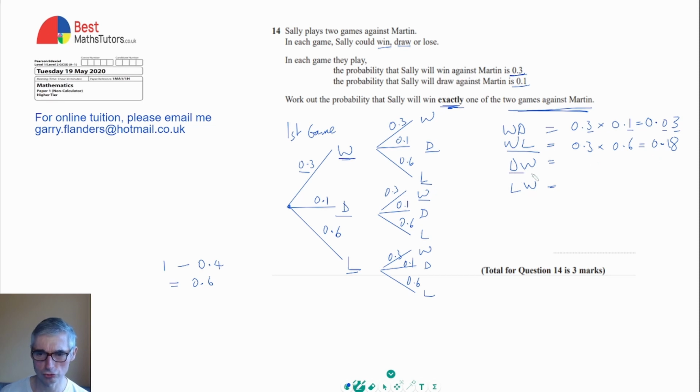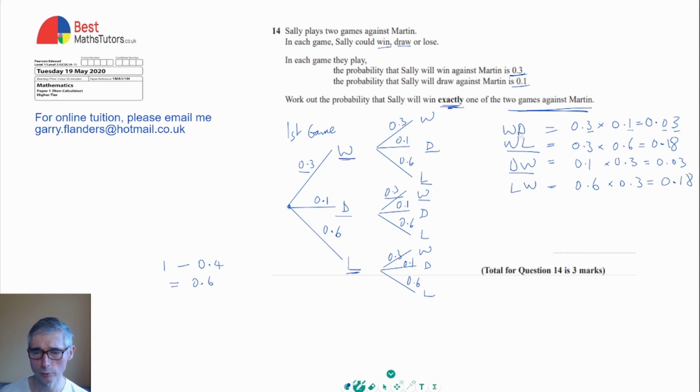And if we look at draw win, that's 0.1 times 0.3. So again, using the same process, that will give me 0.03. And then finally we can go lose, well that's 0.6 for the first game, and win is 0.3. So that gives me 0.18.